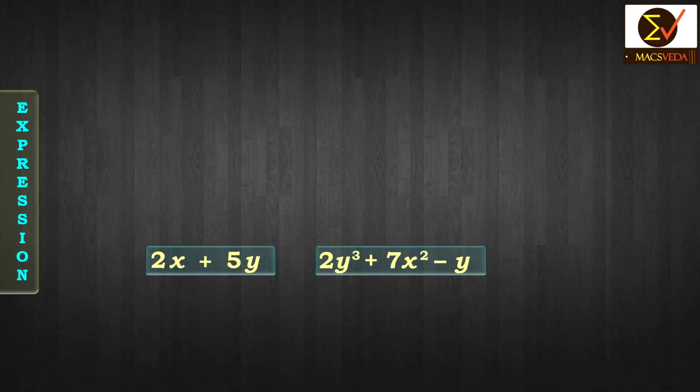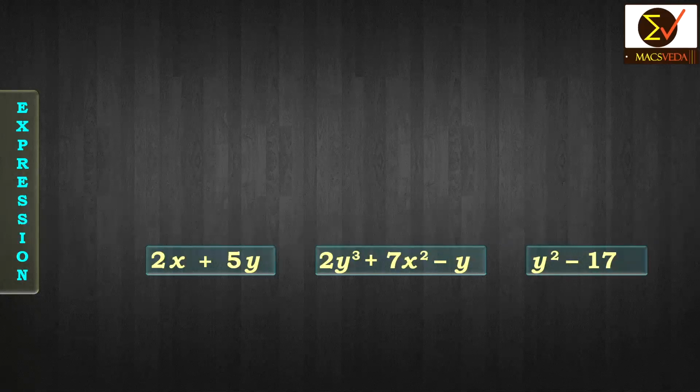And the third term is y. These 3 terms are combined with other operations. For example, the first 2 terms are combined with addition, and that sum is combined with the third term with a subtraction.